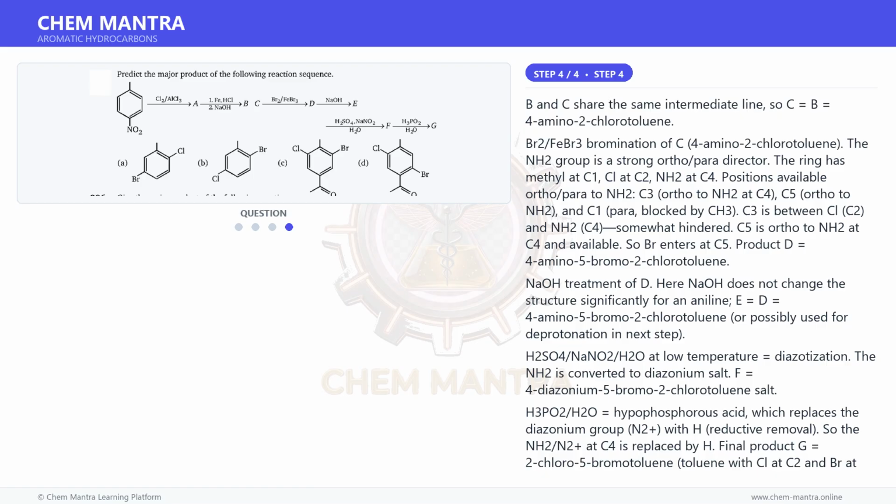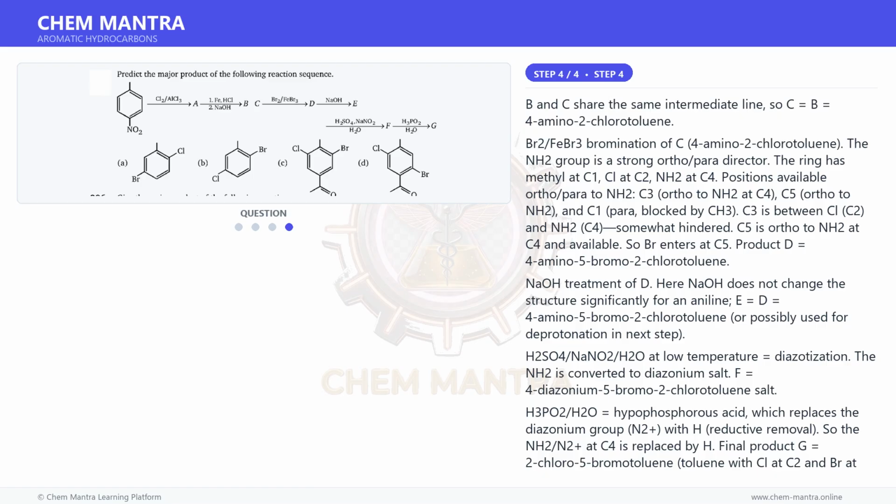H3PO2 in H2O is hypophosphorous acid, which replaces the diazonium group, N2+, with H, a reductive removal. So the N2+ at C4 is replaced by H. Final product G is equal to 2-chloro-5-bromotoluene, toluene with Cl at C2 and Br at C5, i.e. methyl at C1, Cl at C2, Br at C5.